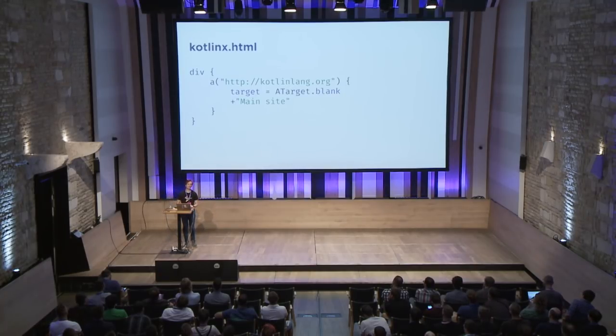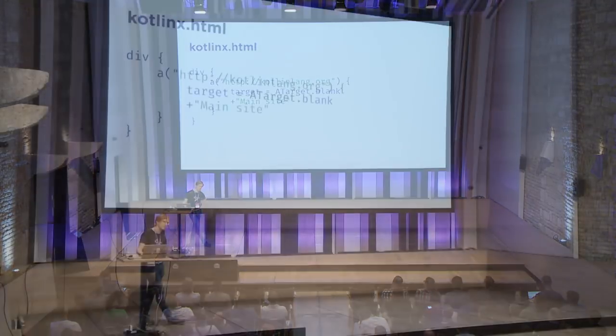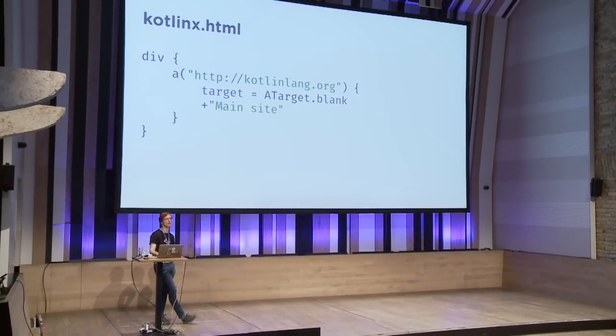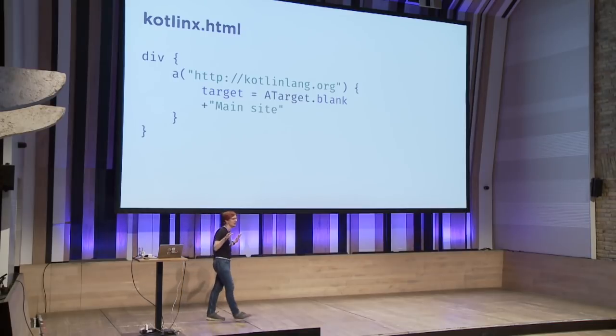The interesting part is that with Kotlin HTML, you have the full set of abstractions built right into this DSL. Because this is a DSL built on top of Kotlin, it can make use of all the features of Kotlin to create abstractions. Because in any real project, you don't just have static HTML pages. Maybe you have a couple of them, but most of the code is not static HTML pages.